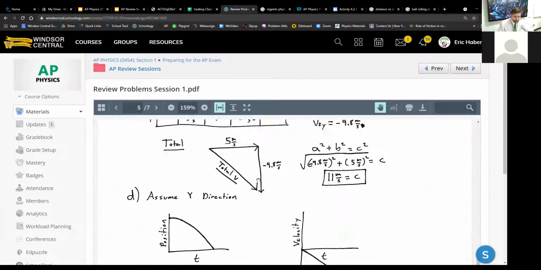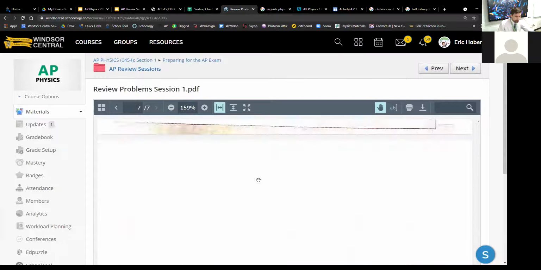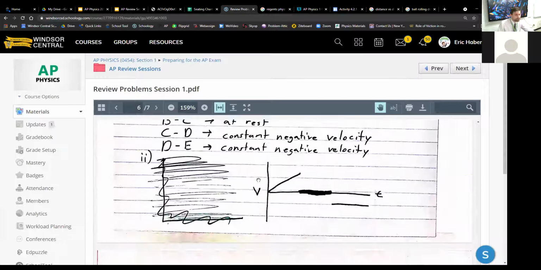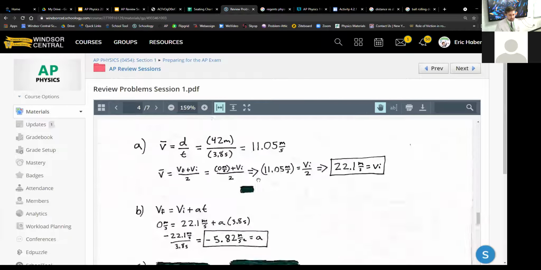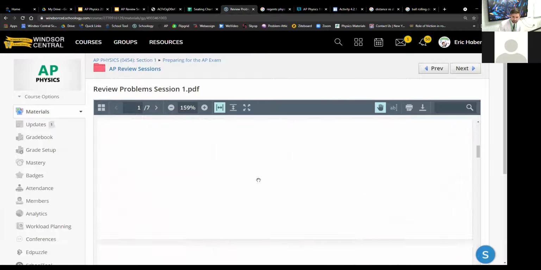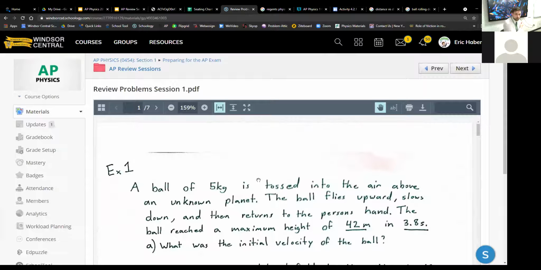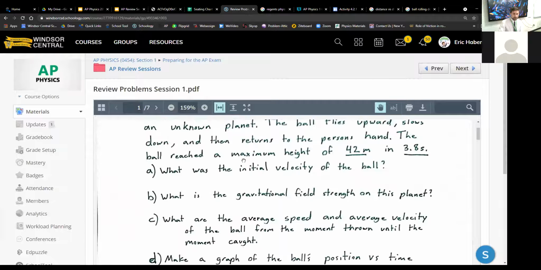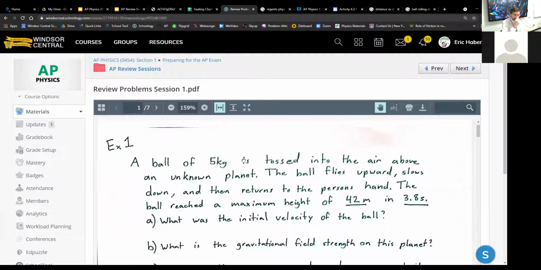The full solutions to all the problems are on the next 4 pages, so you don't have to worry about that. But I do want to try to go through these individually. Okay. So I'm going to walk through this first example, and then I want you to try the next one, and we'll see how far we can make it before we're out of time.